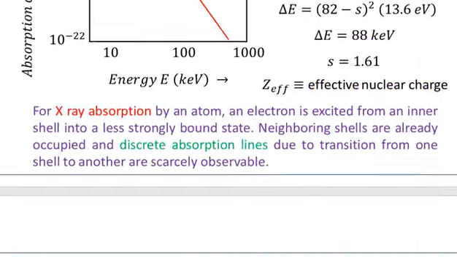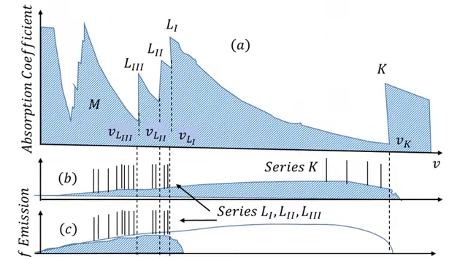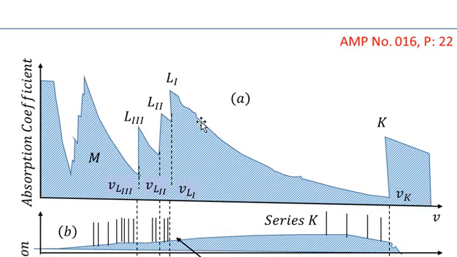That's why in this region between the two edges, the electron energy is used not only to ionize an atom but to just excite an atom to higher outer states.